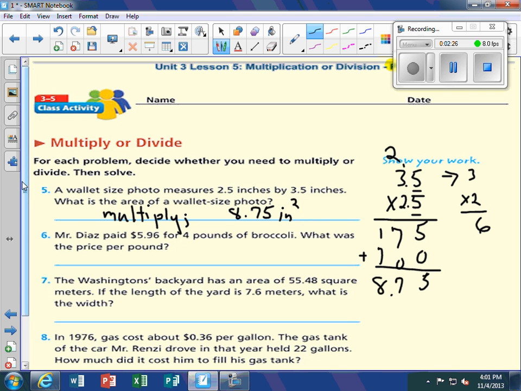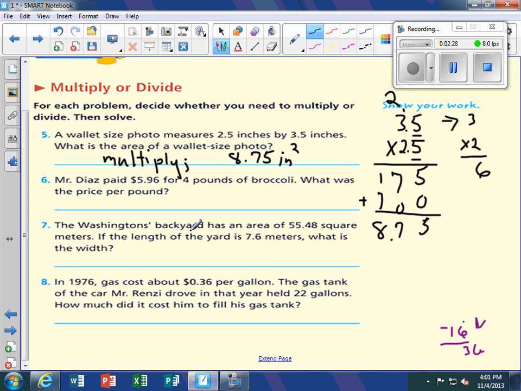All right, let's take a look at number 6 here. Mr. Diaz paid $5.96 for 4 pounds of broccoli. What was the price per pound? Price per pound, dealing with division, and we're going to divide 4 into 5.96. Extend that out. Always, always, always bring your decimal up. 4 goes into 5 once. Subtract 1 and 9.